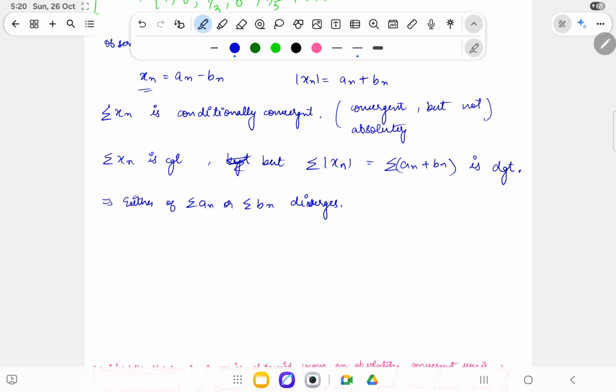This we concluded from this part, because if both the terms are convergent, then this summation is also convergent.